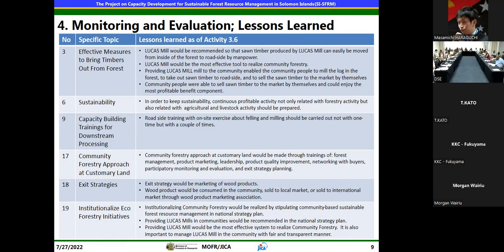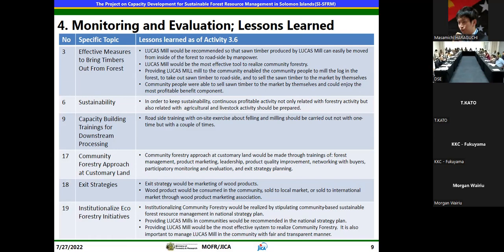Community people who are able to sell timber to the market by themselves could enjoy the most profitable benefit component. Number 6, sustainability. In order to keep sustainability, continuous profitable activity not only related to forestry activity, but also related to agriculture and livestock activities should be prepared.